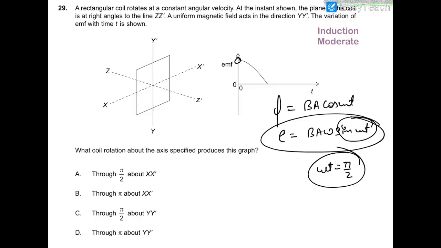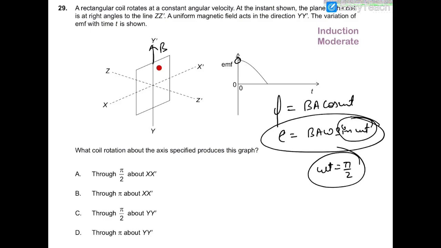So the magnetic field is in YY dash direction, this direction, and the coil is having this magnetic field parallel to its surface, which means that initially flux of this coil is 0. But when it has rotated by 90 degree, there should be maximum flux linked with the coil.